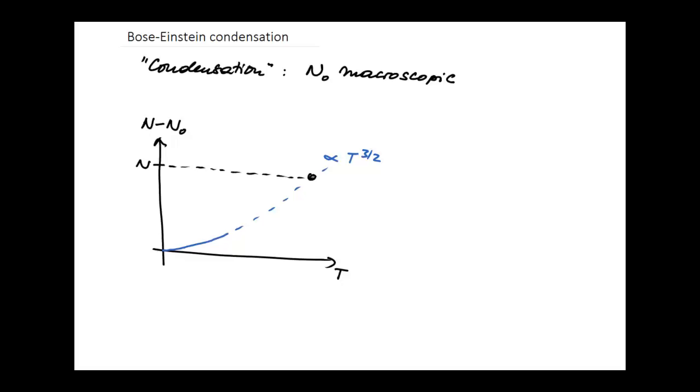So that's the temperature at which the ground state is empty. This should happen at some temperature scale, the Bose-Einstein temperature. So we could use this as a rough estimate of the temperature at which this condensation sets in.